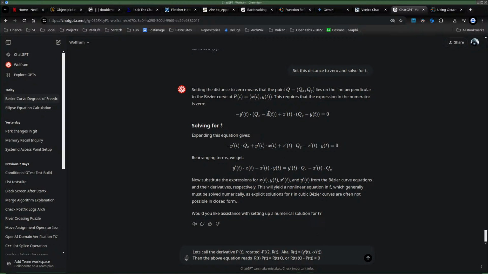You have Q minus P, and then the dot product with that thing equals 0. Why? It does not make any sense.